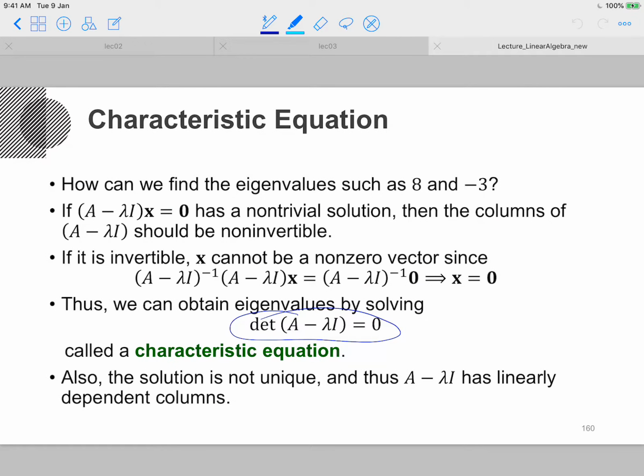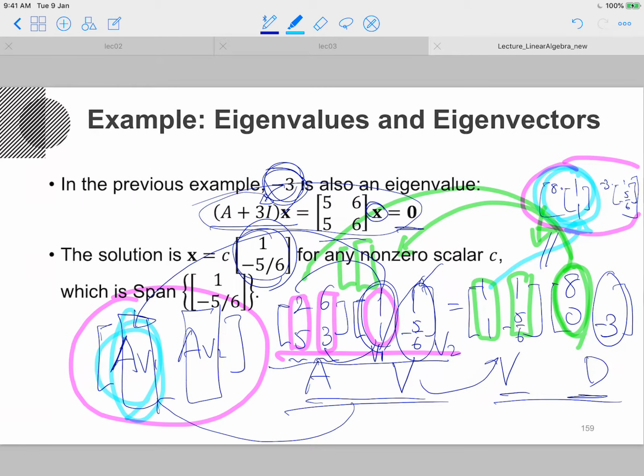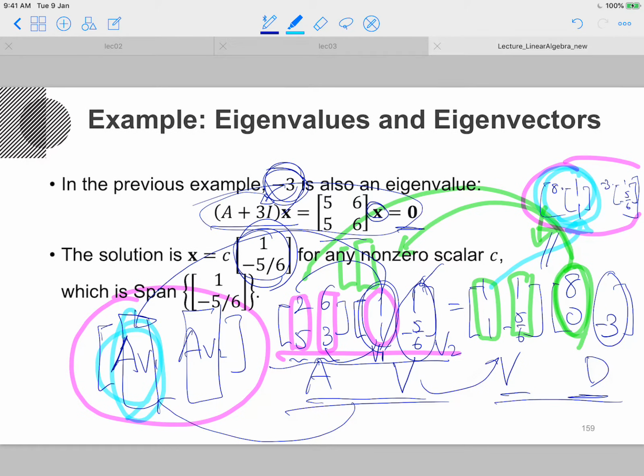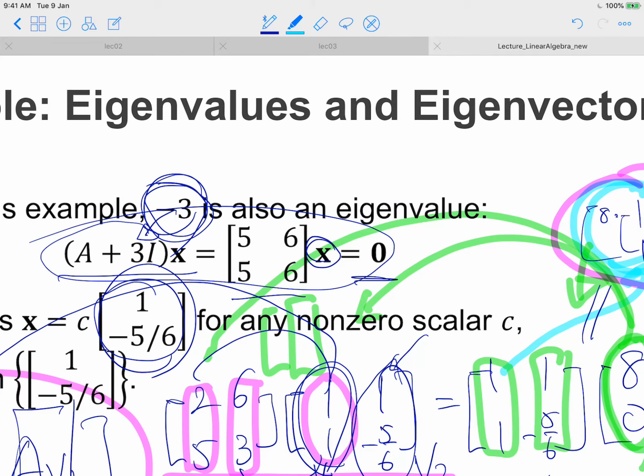Okay, and then what is eigendecomposition? So in general, suppose we are given a 3 by 3 matrix, and in practice, if we restrict ourselves to the real number domain, the determinant of A minus lambda I will always give us a third order polynomial equation.